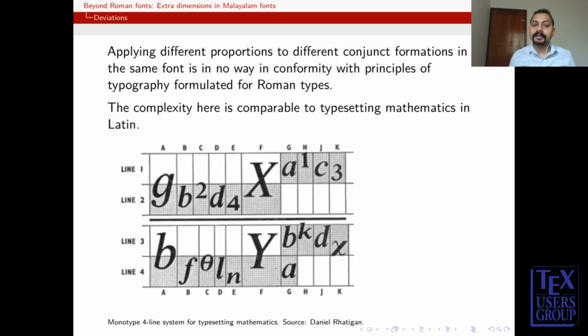The complexity here is similar to mathematical typesetting using Latin, even though it has only, let's say, 4 levels. This image is taken from an article and credited to Daniel Ratigan. But Malayalam, as you have seen, has not only 4 levels, but about 18 different levels.